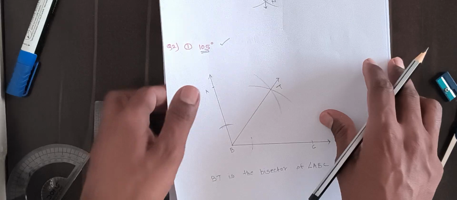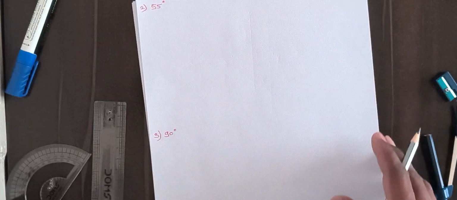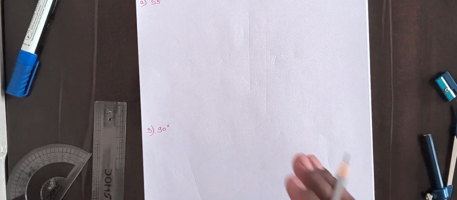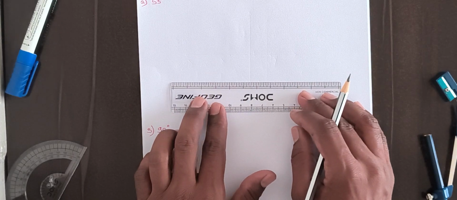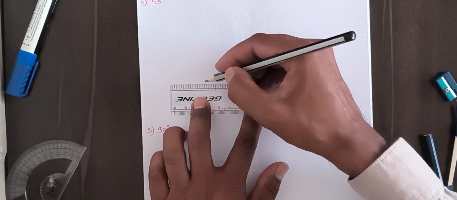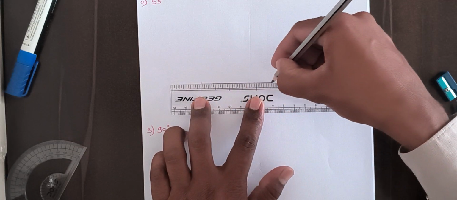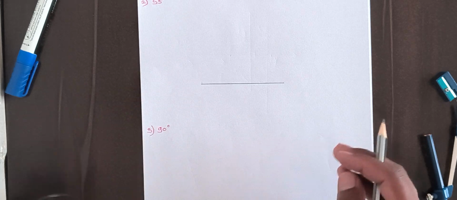Now the next one, let's see the next one. Yes, 55 degree angle. 55 degree we need to do. It is also easy. 55 degree means first you need to understand it is an acute angle. So acute angle is not wide, it is less than 90.